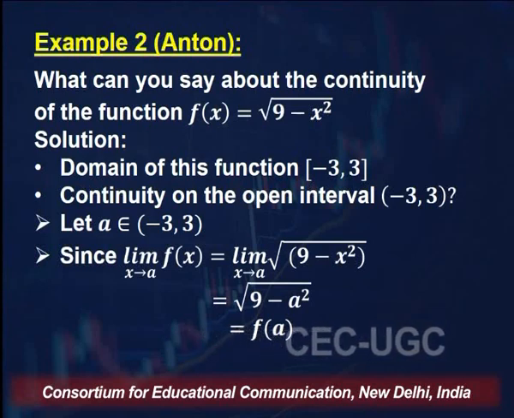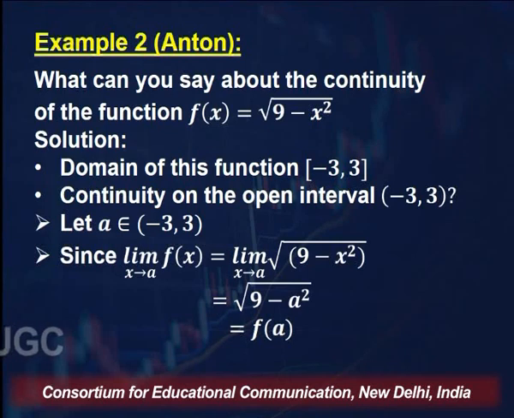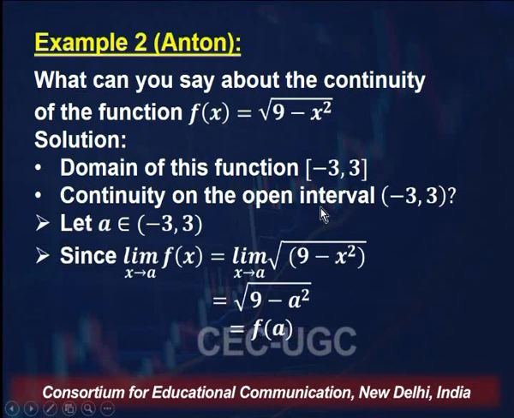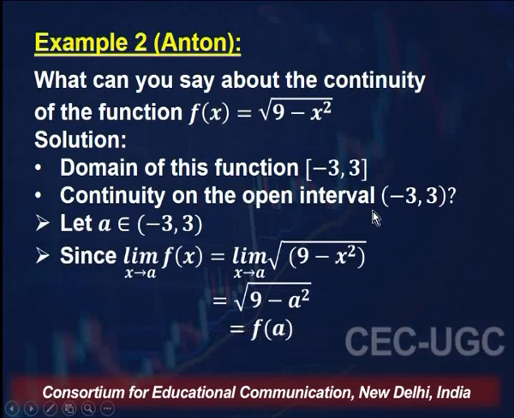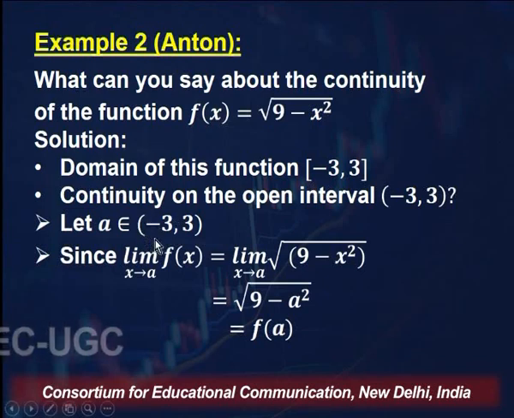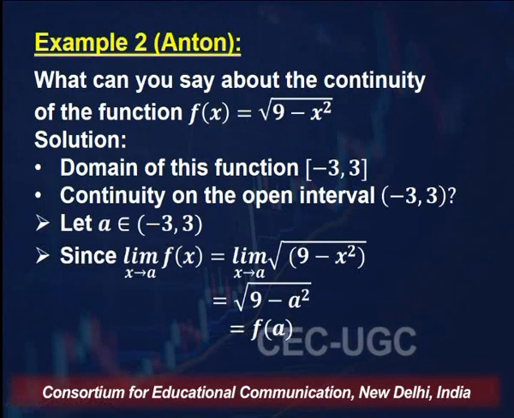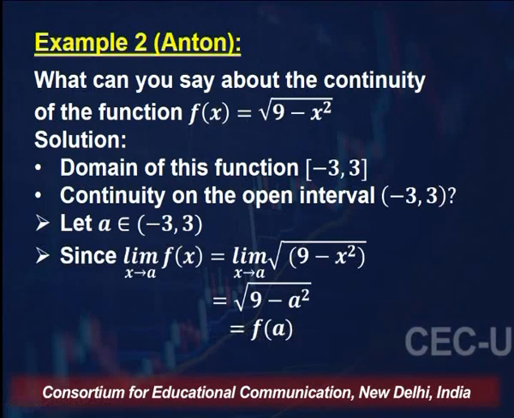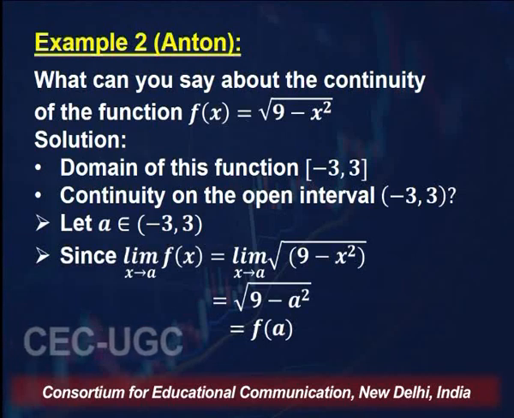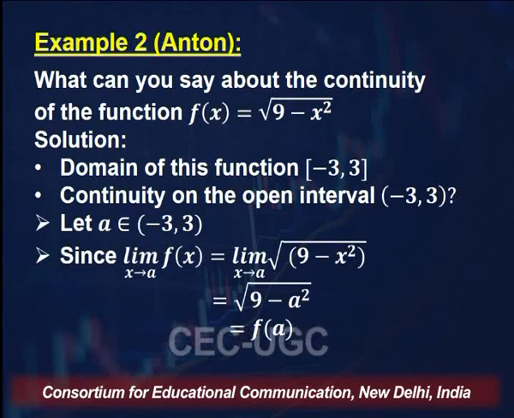To check for continuity of this function, we'll divide our exercise into two parts. First, we'll check for continuity on the open interval minus 3 to 3. How will we do that? Let's just take a random point a in the open interval minus 3 to 3. Now, what is the criterion for testing for continuity at a point? Simply that the limit of the function as x tends to a has to be equal to the value of the function f of a.